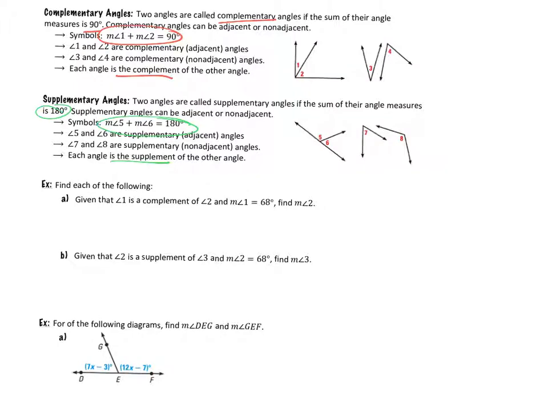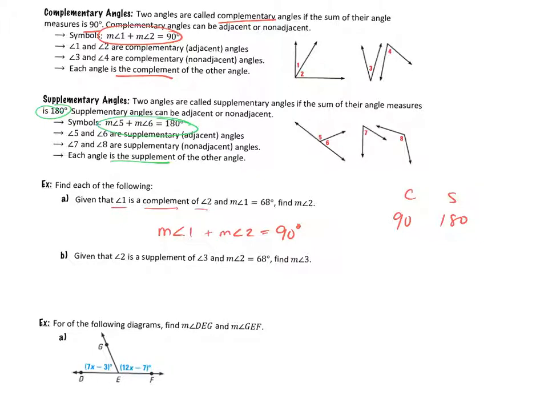We're going to use these relationships to solve some problems. If I have angle 1 and it is a complement of angle 2, I know before I do anything else that the measure of angle 1 plus the measure of angle 2 equals 90 degrees. I remember this because C comes before S in the dictionary and 90 is less than 180.